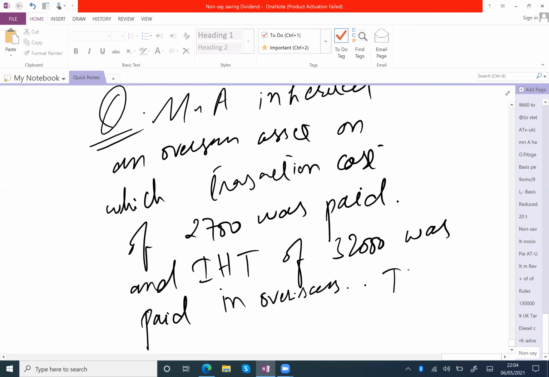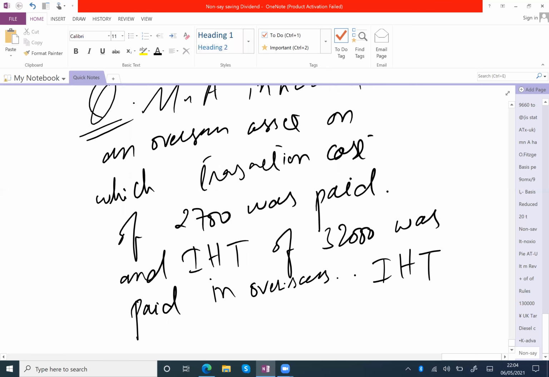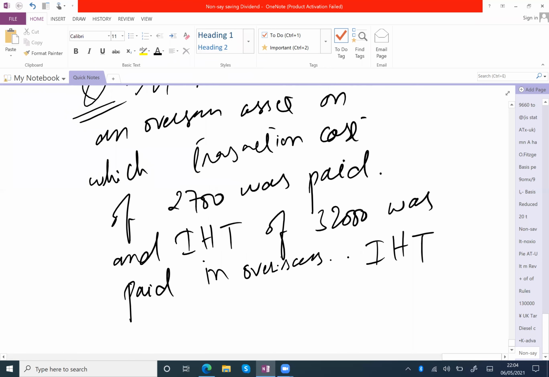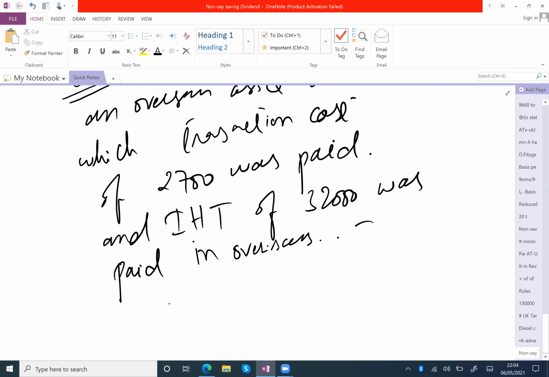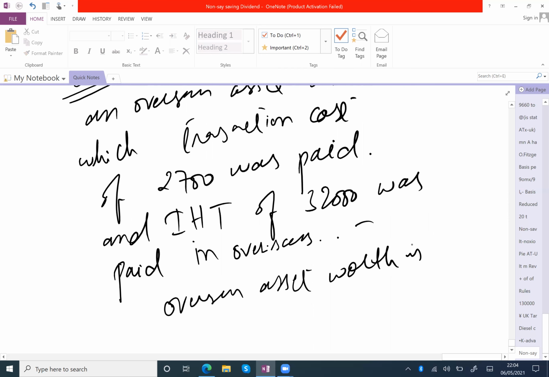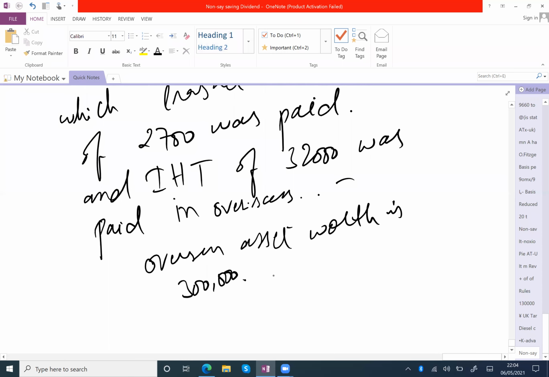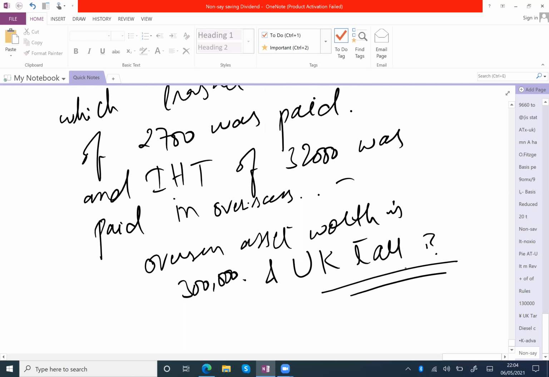Next, IHT in overseas. The overseas asset is worth 300,000, and the requirement is to calculate the UK tax on this asset.